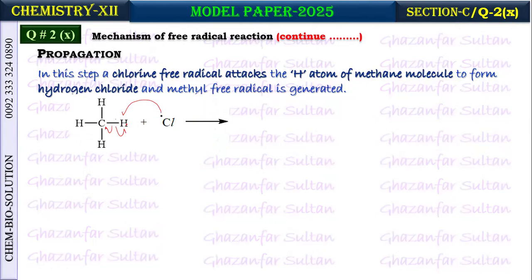This way is called homolytic, where the distribution of electrons is equal during bond breaking. So again, HCl molecule is generated by combining H and Cl, while the other product is the methyl free radical.